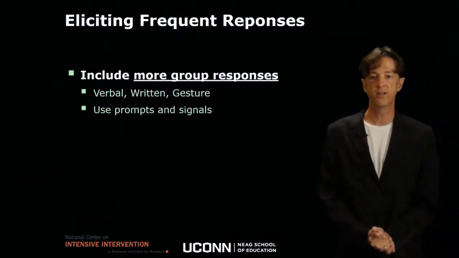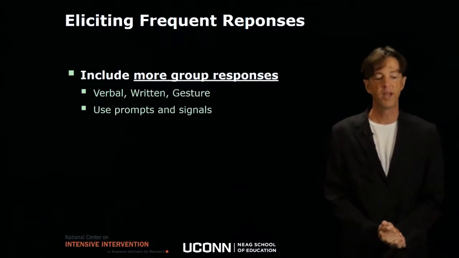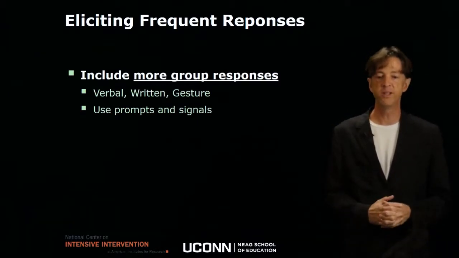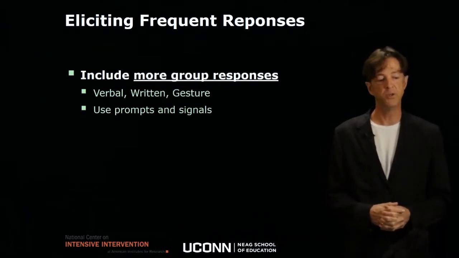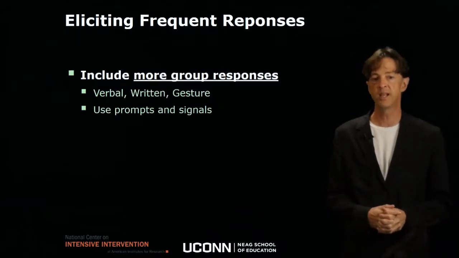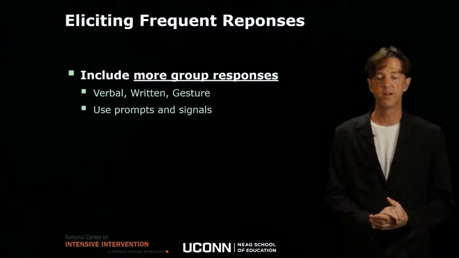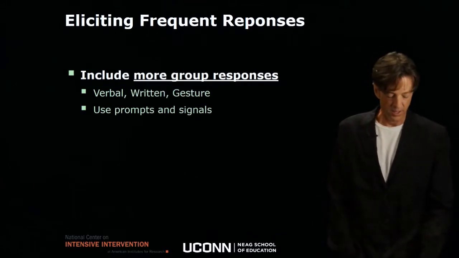So some things to keep in mind is one of the things that we're not so good at is including group responses. And when we look at the kind of matrix we had, group responses are really the way to be able to maximize the number of opportunities that every student gets in the shortest amount of time, because everybody is responding at once. And this is hard though.